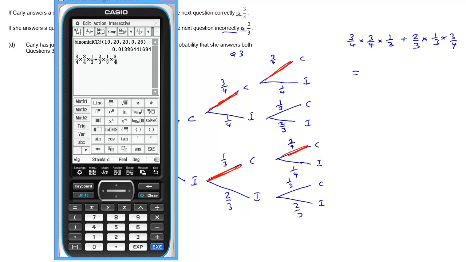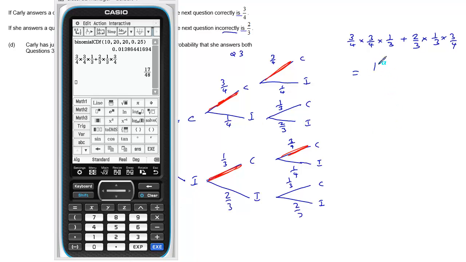Let's do this as a fraction, and 17/48 is what we get.